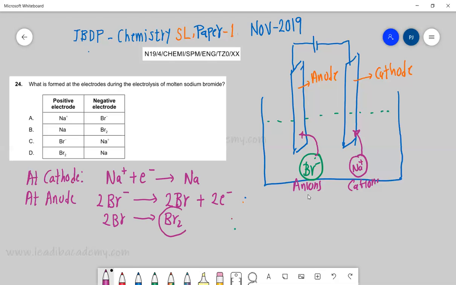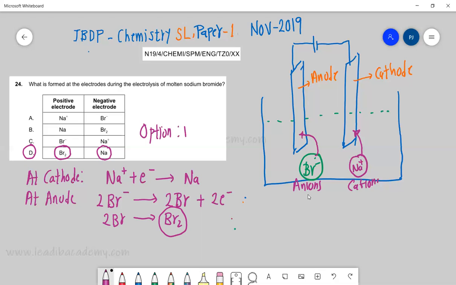So bromine gas, Br2, will get liberated. That's the logic. So on the positive, Br2 will get generated, on the negative, sodium will get generated. So the correct option is D.